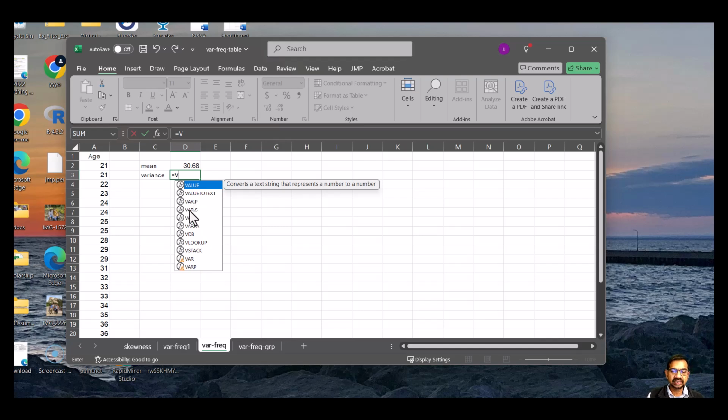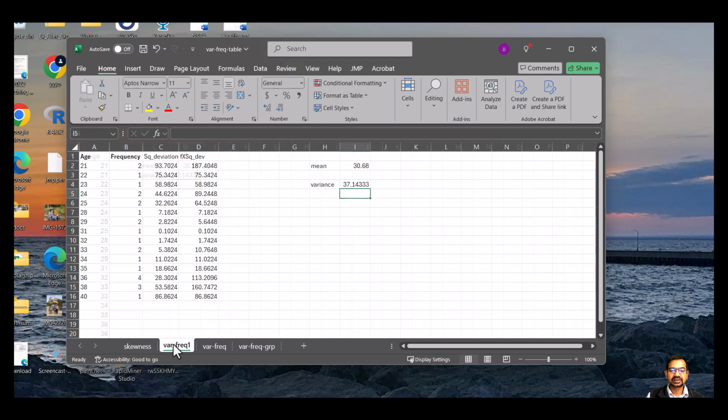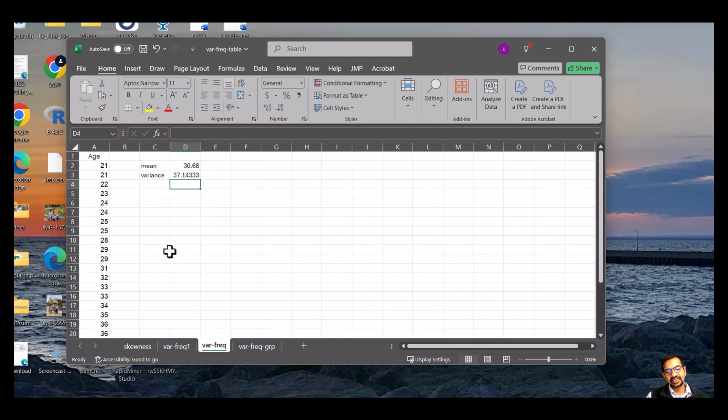We look at the sample variance, double click this, run this series, and get 37.1433, which is what we got here as well. So the frequency table way of calculating mean, standard deviation and variances is the same as if we had gotten raw data. Again, the square root of variance is standard deviation.